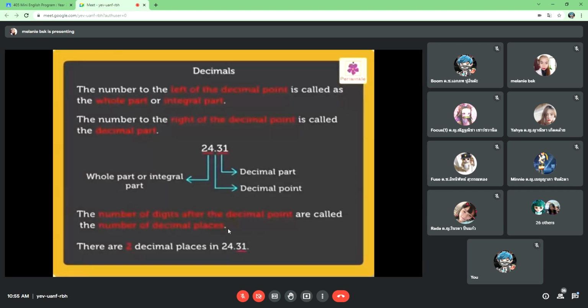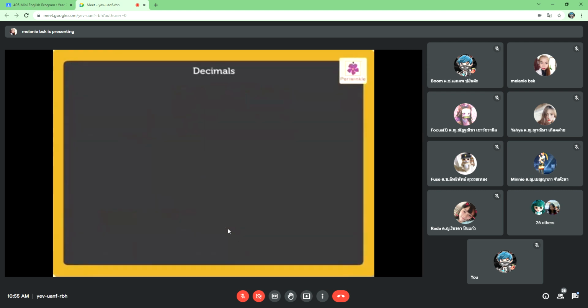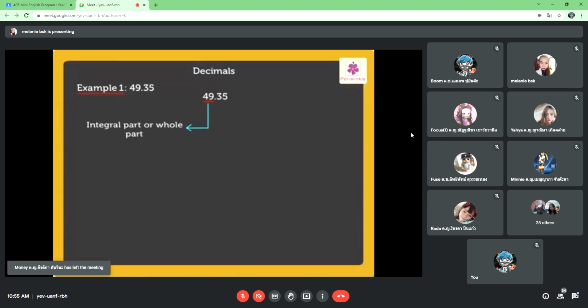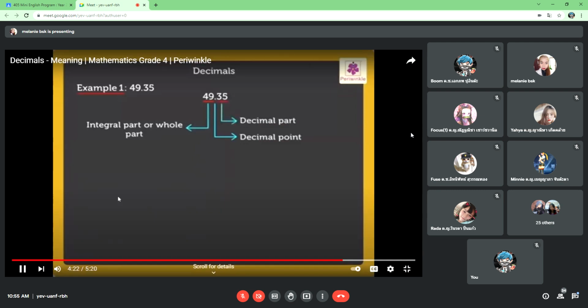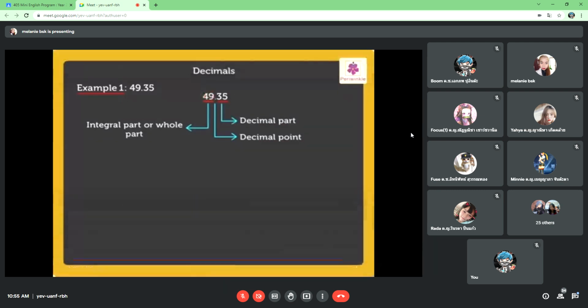Now, let's look at a few examples. 49.35. 49 is the integral part. The dot in between 49 and 35 is the decimal point. 359.35.